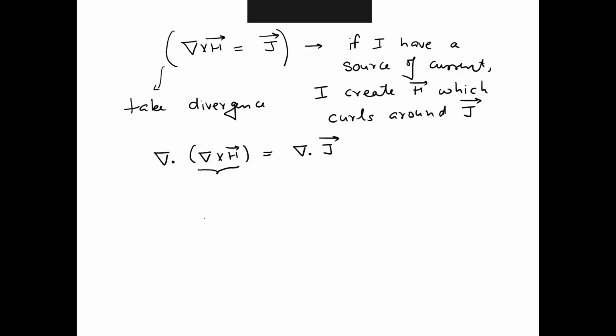If a field is turning around, it cannot diverge out. It will have to be going around in a circle, chasing its own tail. It cannot run outwards. Either it can run outwards like the electric field, or when it is chasing its tail, it can only run around.